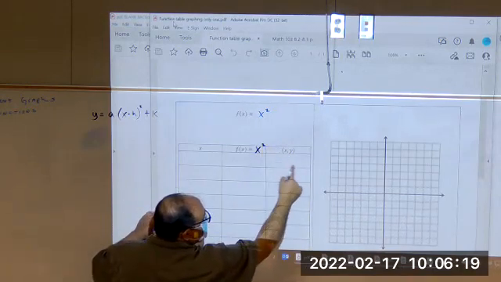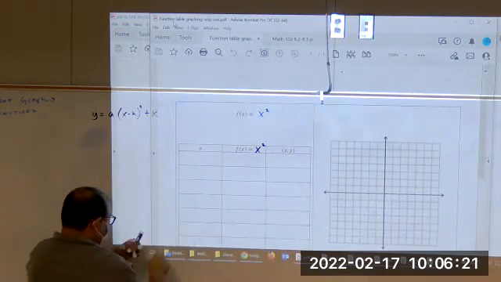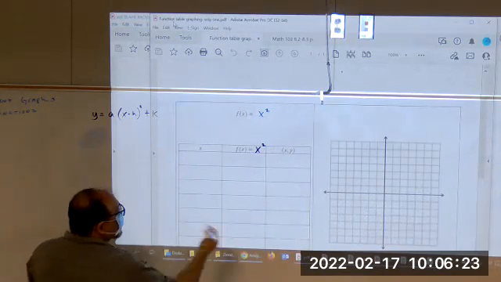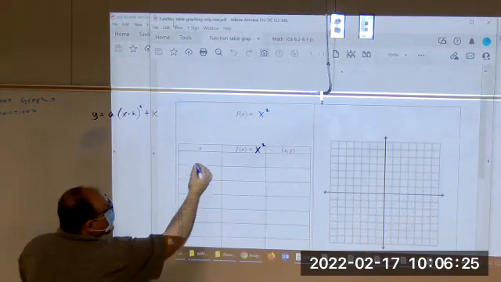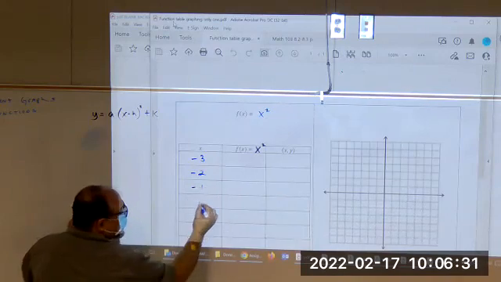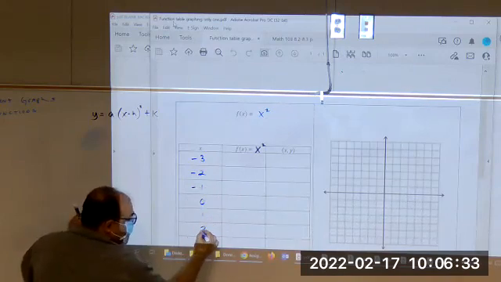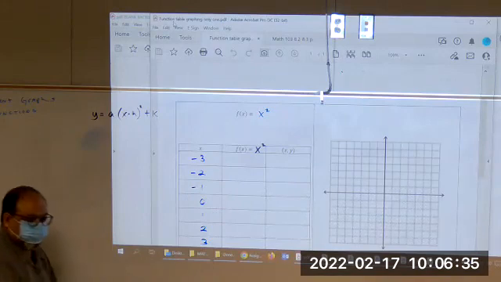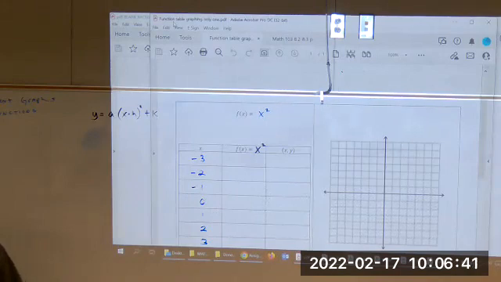And I want to generate some ordered pairs. So I am just going to start with -3, -2, -1, 0, 1, 2, and then 3. Just so I can get an idea what this thing's going to look like.